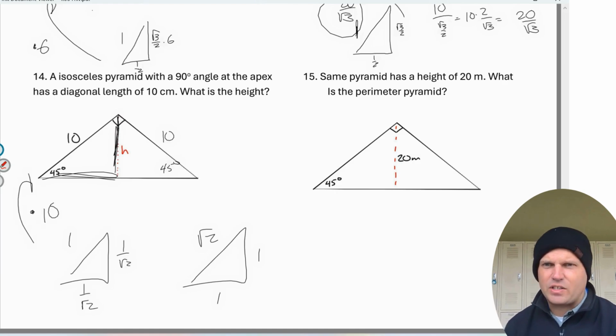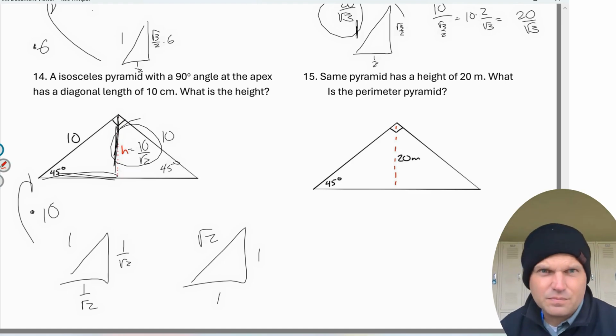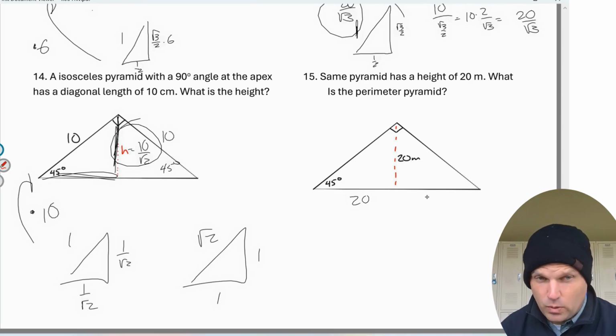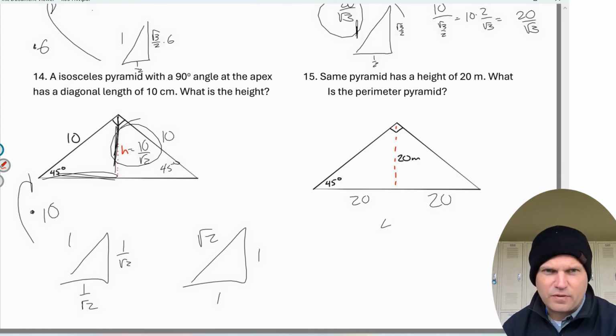Know that it's the scale factor of 10. Take 1/√2, multiply by 10, and you get 10/√2. Cool. Is the perimeter. So if this is 20, this is 20, which means this should be 20 as well, which means this is 40.